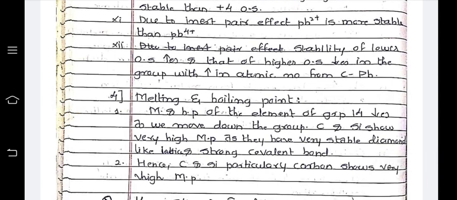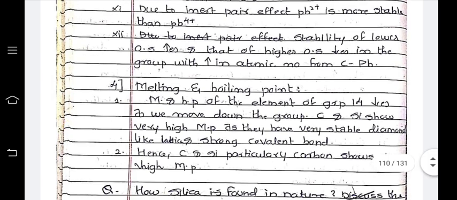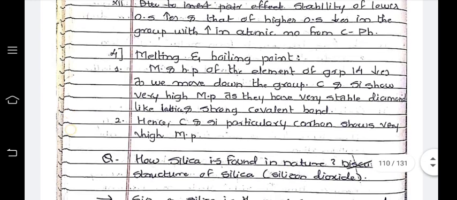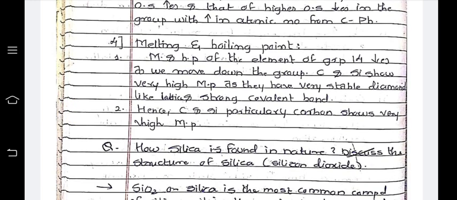Due to the inert pair effect, Pb2+ is more stable than Pb4+. The stability of the lower oxidation state increases and that of the higher oxidation state decreases in the group with increasing atomic number from carbon to lead.